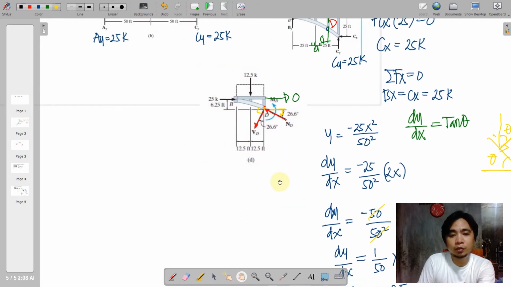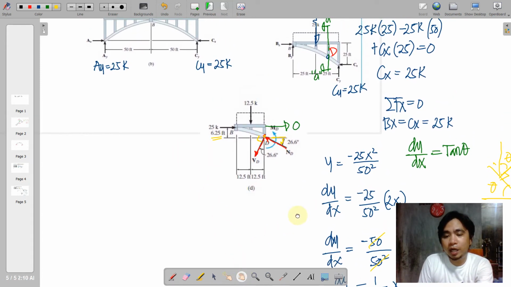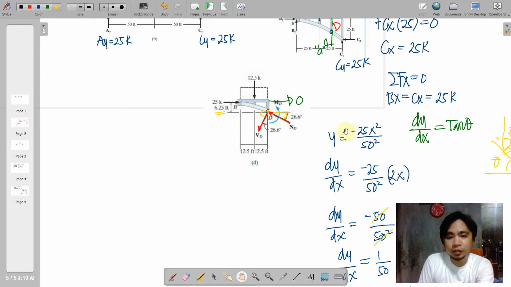Working with the unknowns, we'll just have to apply the three equilibrium equations, including the moment at D. However, where 6.25 came from, we'll just have to go back to the y equation. So this is the y equation. What is your x, where your height is unknown?